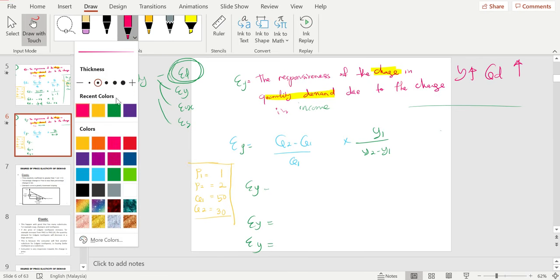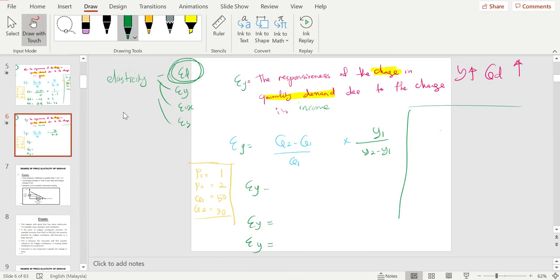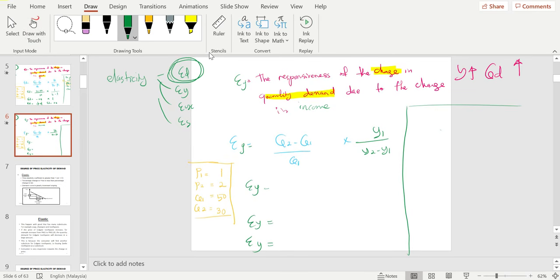Okay, for example, this is the question. When income increases, it can also decrease, but in my case I made it increase from 1,000 to 2,000.